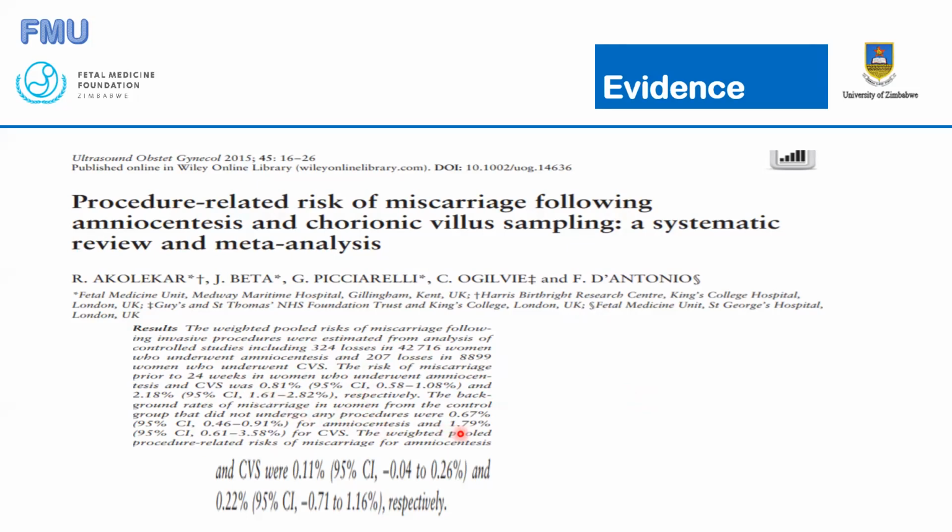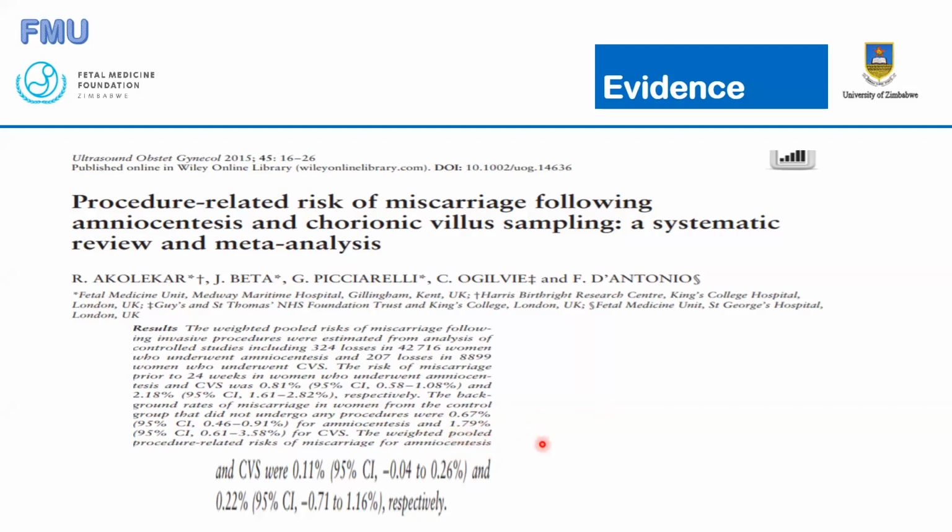However, they discounted for the background risk in a population, because there is always a background risk of miscarriage, which you should take cognizance of. And they noted that for the women who did not undergo any procedure, the background risk was 0.67 for amniocentesis, and for CVS it was 1.79.